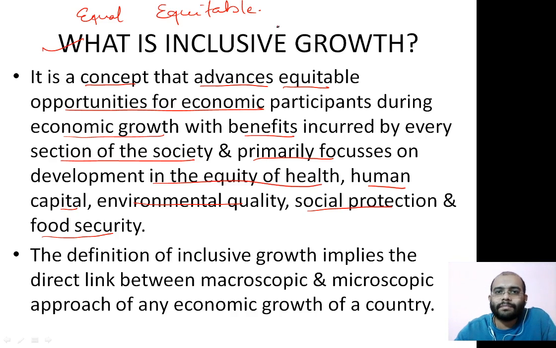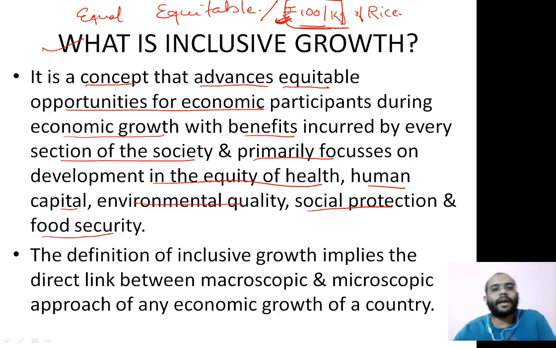Let's take your food mission as an example. Suppose I say rupees 100 per kg of rice, and whoever pays rupees 100 will get 1 kg of rice. How many people can fulfill their appetite? This is equal opportunity. This is equality. You pay 100 rupees, you get 1 kg of rice. You need not pay more or less.